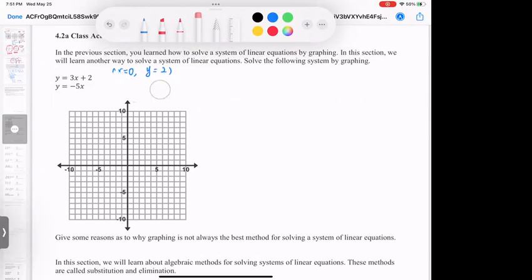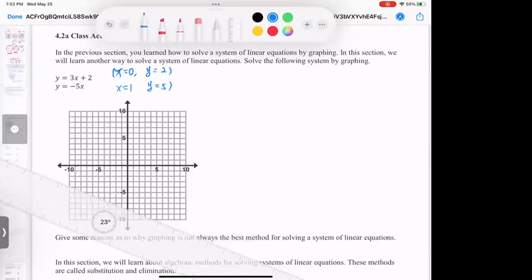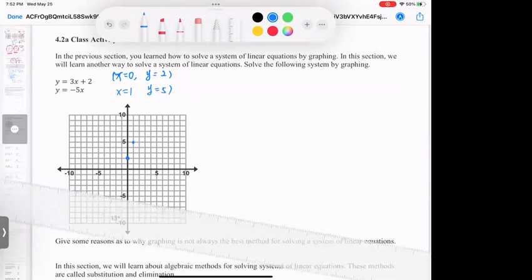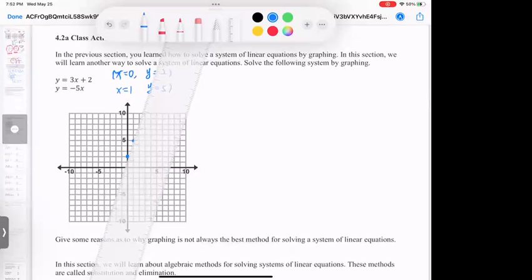I don't like negative fractions. I will choose another point. I will give X equals 1, Y is 5. Why not? Because I like whole numbers instead of fractions. So at X 0, Y is 2. At X 1, Y is 5. And connect these 2 points.